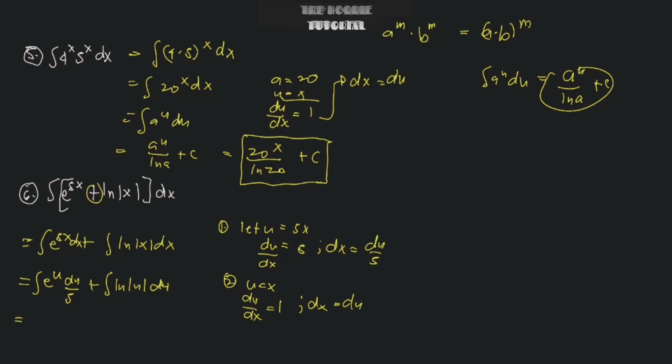So let's go on simplifying. Since we have 1 over 5 right here, we can factor that out, leaving behind e^u du, and then plus, copying the second term, ln u du. So we can now evaluate the integration for this one.